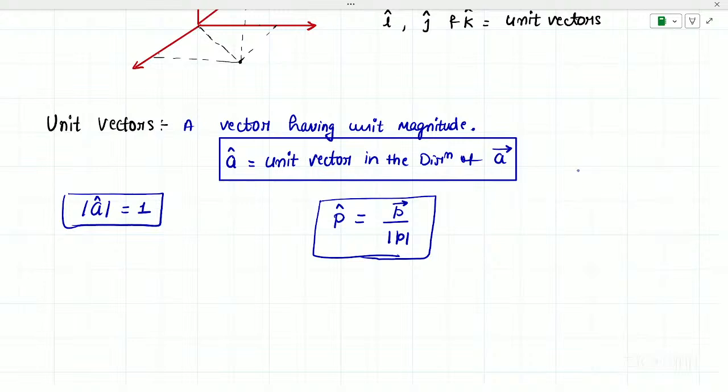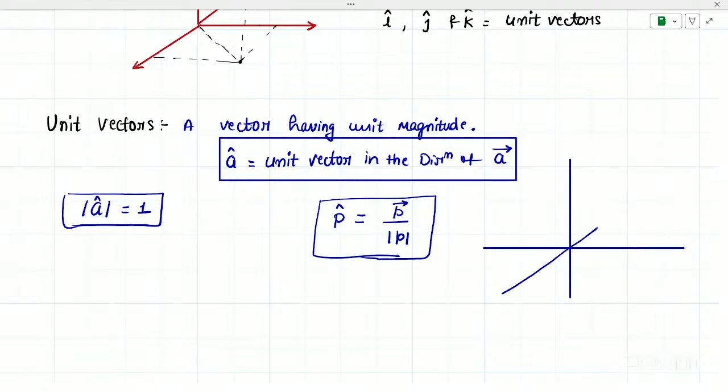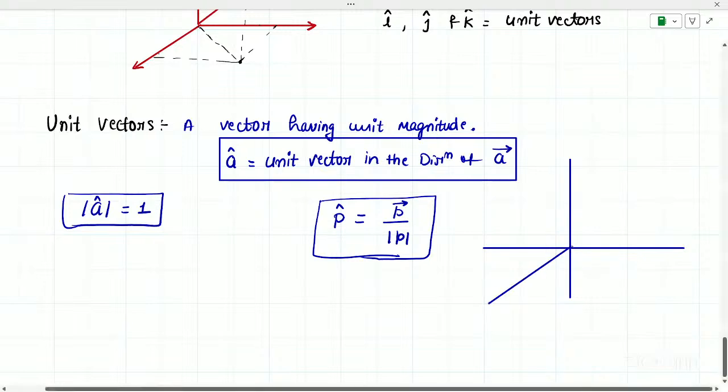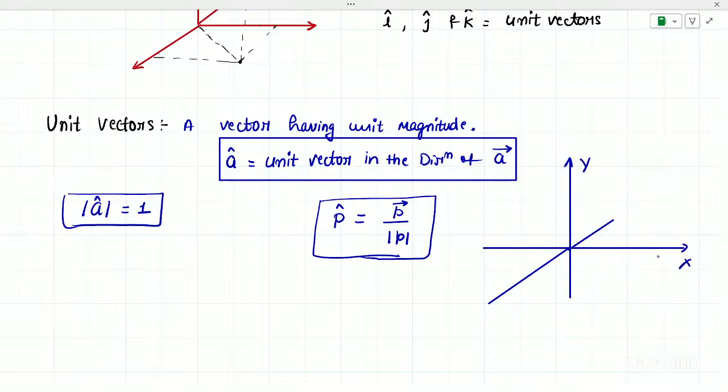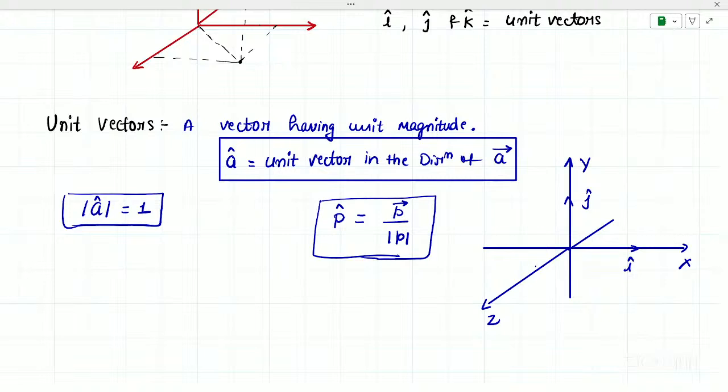Now, in the Cartesian plane or the coordinate axes x, y, and z, this is the y-axis, this is the x-axis, and this is the z-axis. Along the x-axis, the unit vector is i cap. Along the y-axis, the unit vector is j cap. And along the z-axis, the unit vector is k cap.